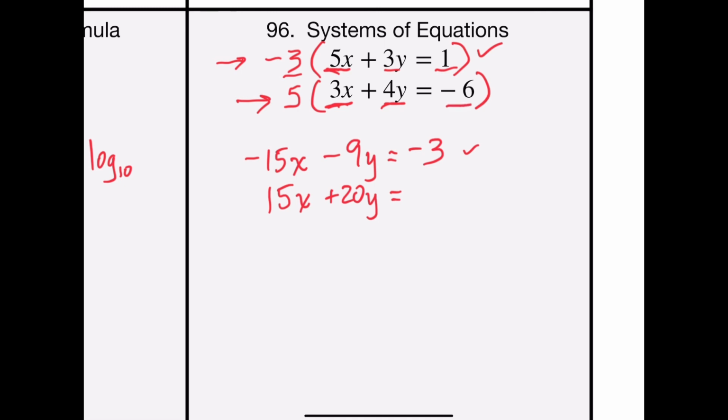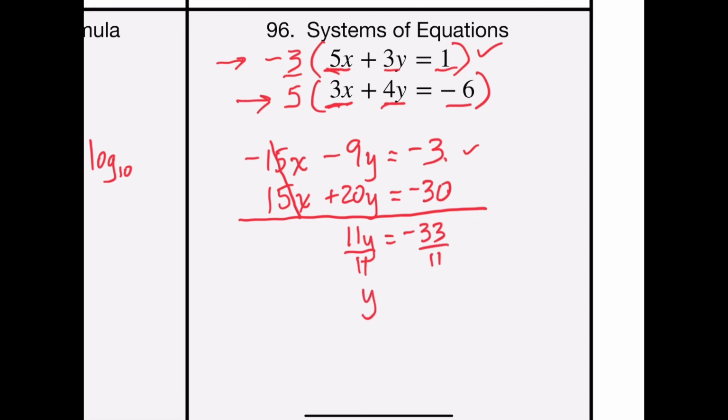And 5 times negative 6 is negative 30. Now to do elimination, I can add those two together. And what happens because of the multiplication that I chose, negative 15x and positive 15x adds to 0. Negative 9y plus 20y would be 11y, and negative 3 minus 30 would be negative 33. Now I could just divide both sides by 11, and I find out that y equals negative 3.